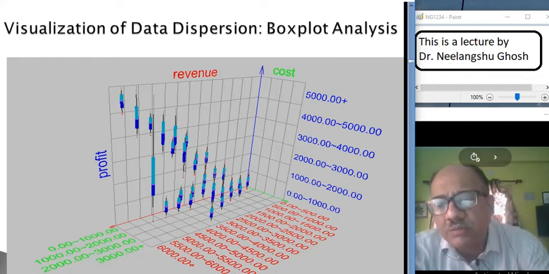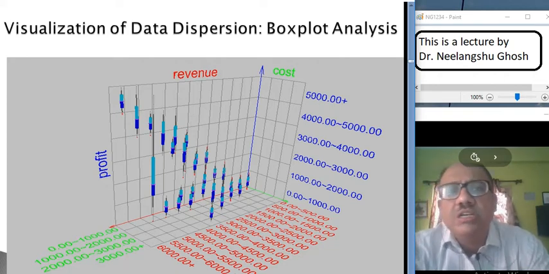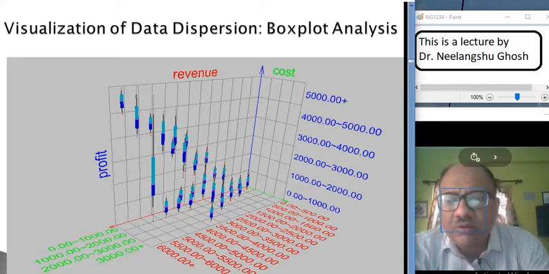Cost is 5000 plus, and the profit margin is also 3000 plus. So the values in this box represent revenue of approximately 3500 to 4000, cost of more than 5000, and profit of 3000 plus.